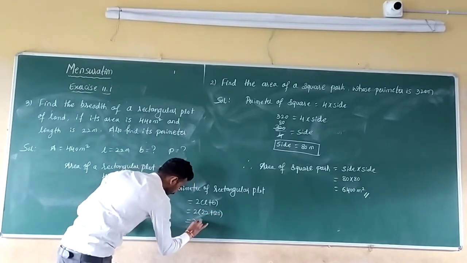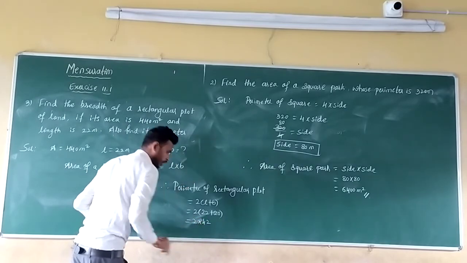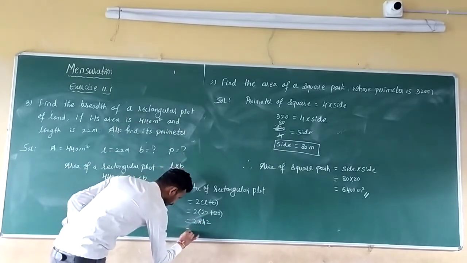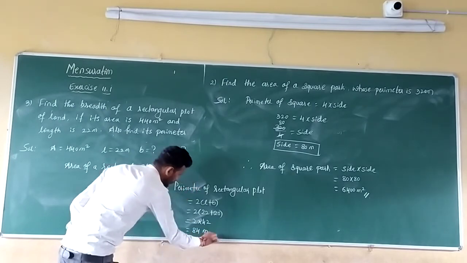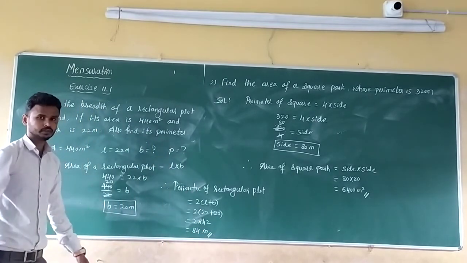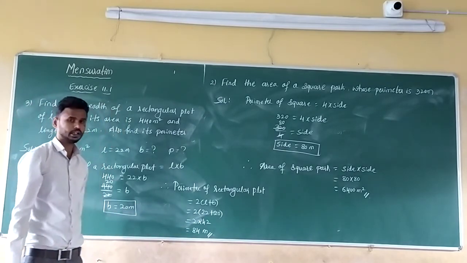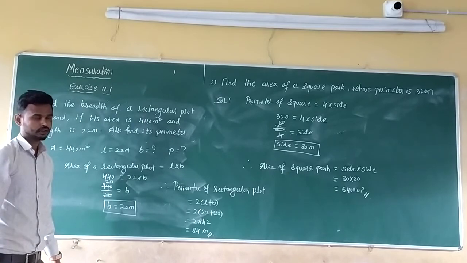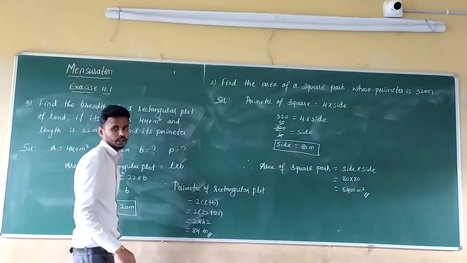So 2 into 22 plus 20, that is 42. So 2 into 42 is 84 meter. Therefore, the perimeter of the rectangular plot is 84 meter. So this is about the solution of the third main question.